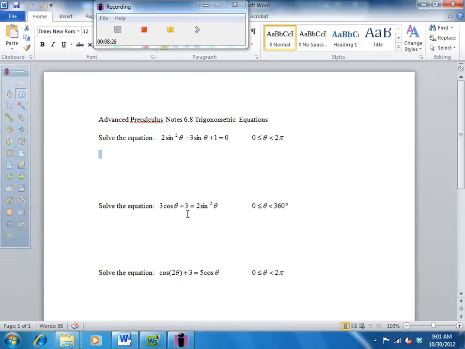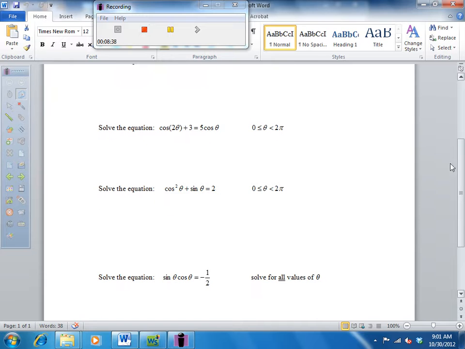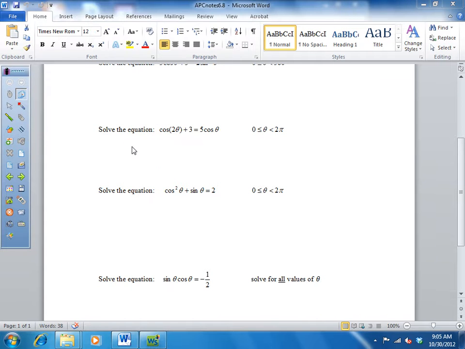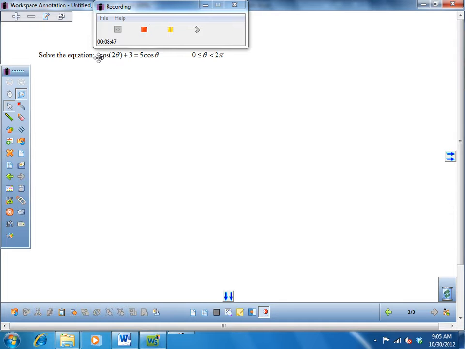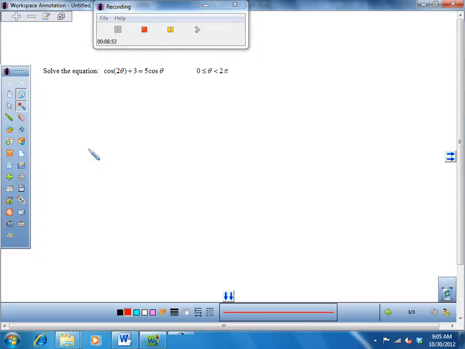Let's do this one. This looks very similar, and that's because it's the same problem. So with this one, anyone have any guesses as to what I might want to do?